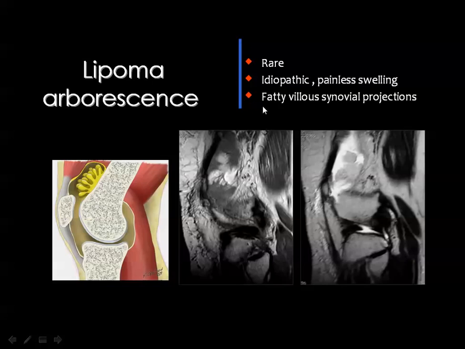This is a fatty villous synovial projection. This is an example, and you see the projections of this fat containing lesion within the anterior compartment of the knee in the T1 weighted image and in the T2 weighted image. In both bulk sequences, the lesion will be similar to the subcutaneous fat.